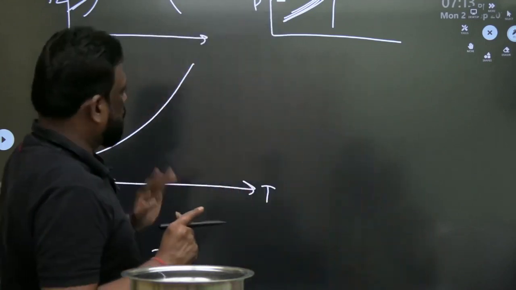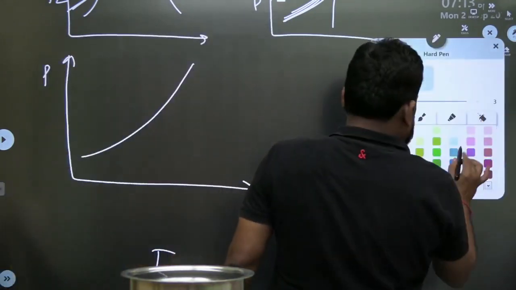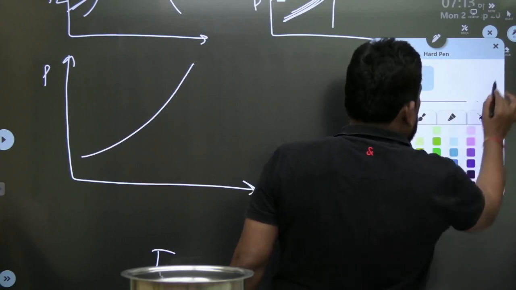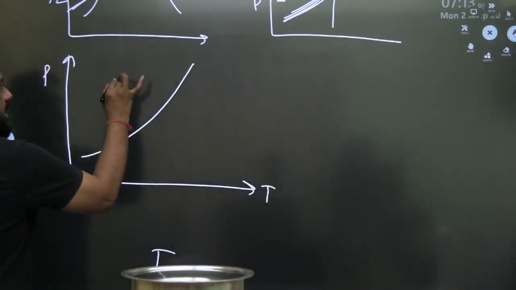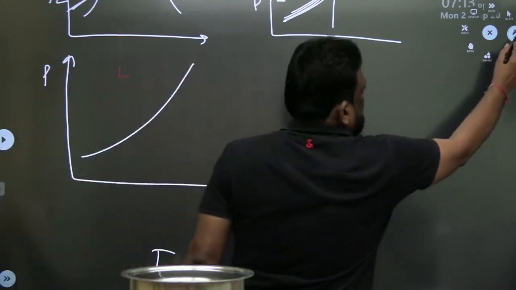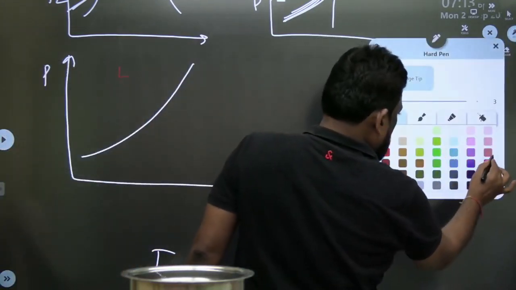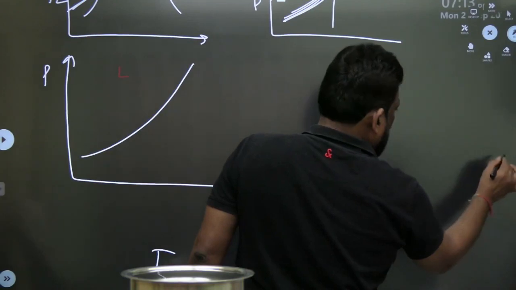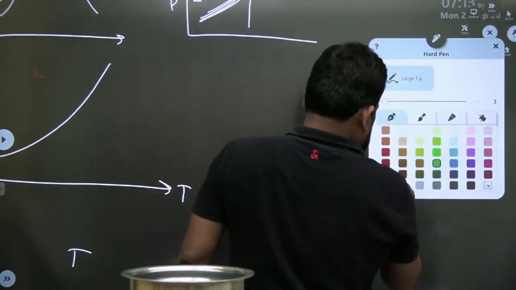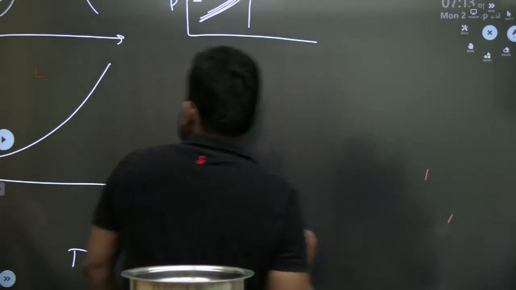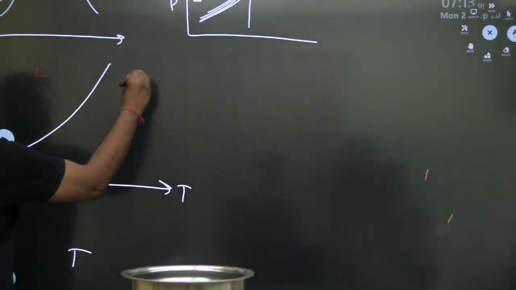Okay, let us try to do that. Dear students, let us keep pressure constant. I'll change the color, sirs. This is our liquid and this is our vapor.